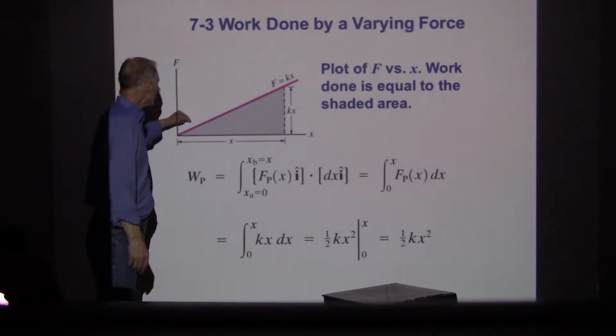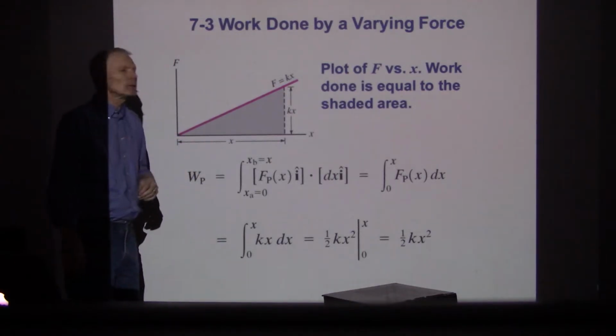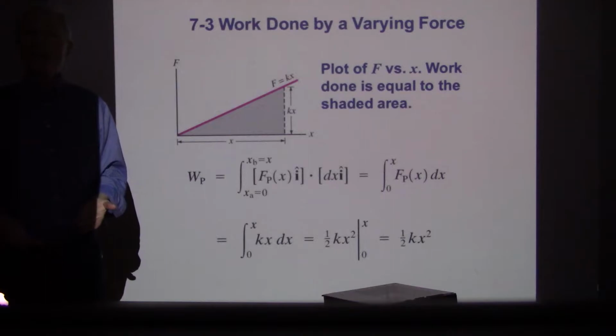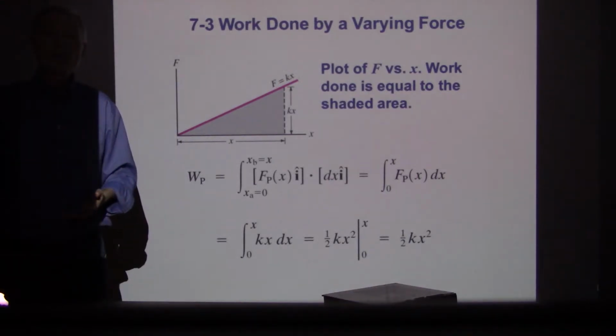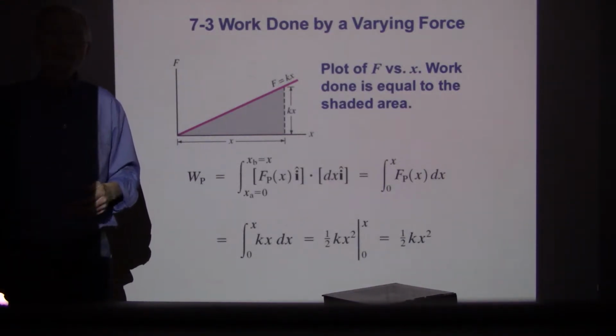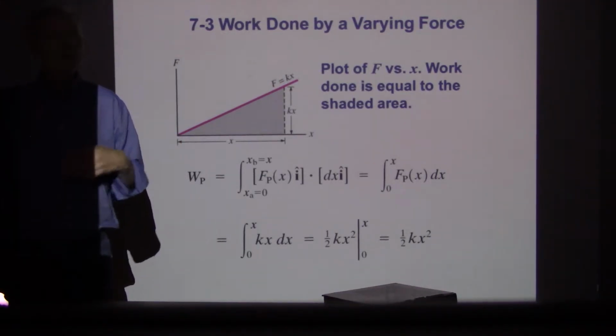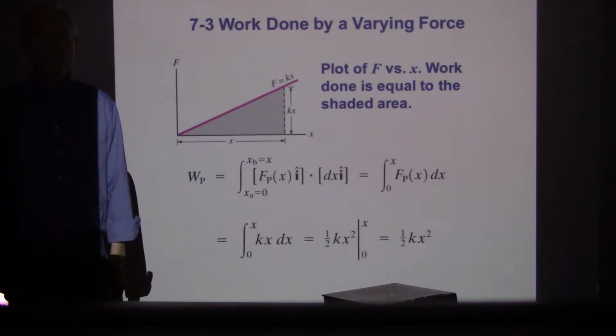They took a spring, collected a bunch of data on it, and then took scissors and cut it out and got the mass of that piece of paper. The paper was known to have a certain density, so by knowing the mass, they could figure out the area, and then the area was equal to the energy transfer.